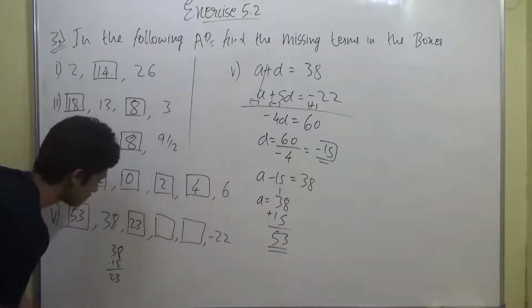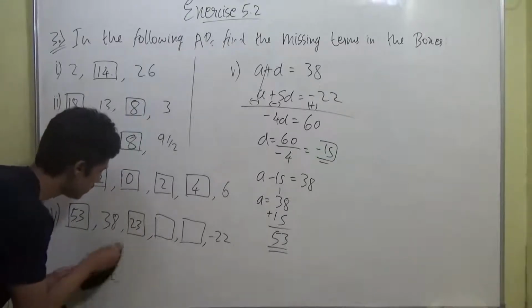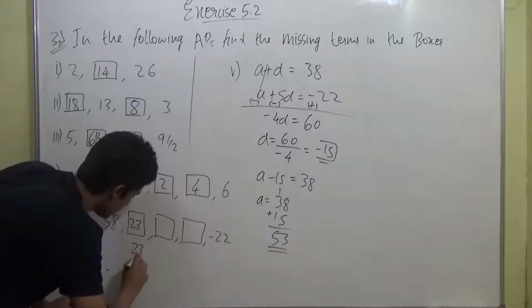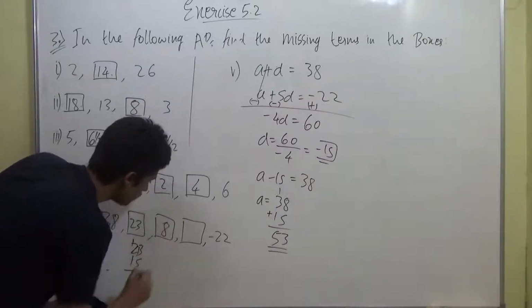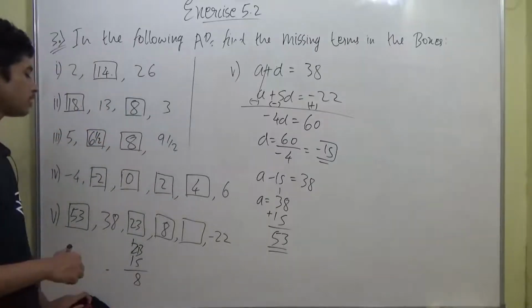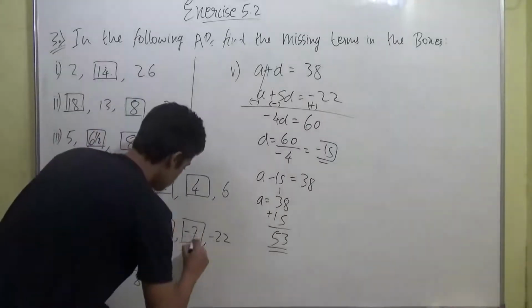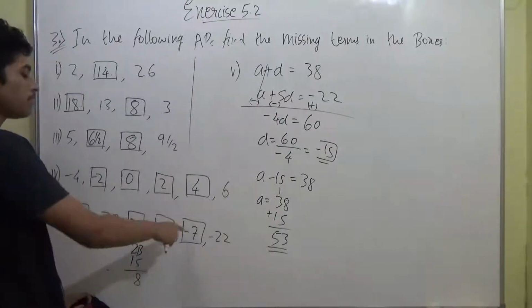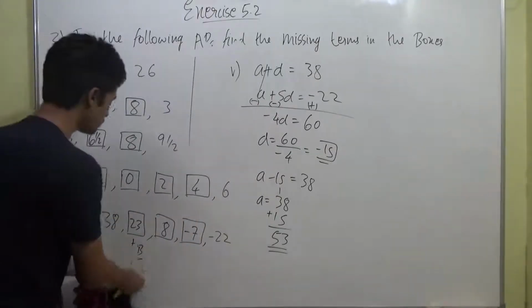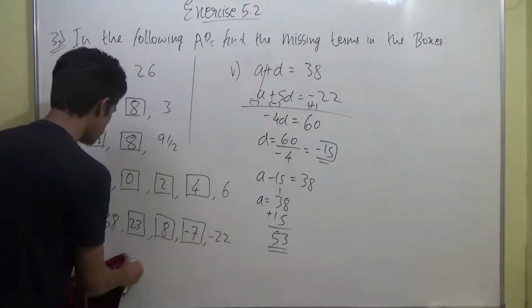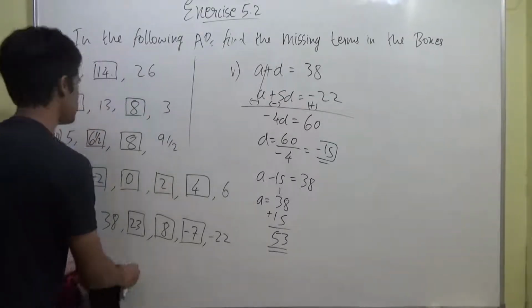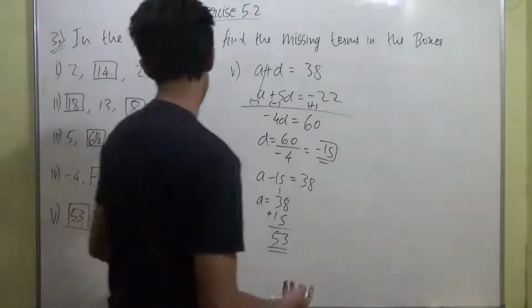Getting it? Right? Now when you subtract 15 from 23, you will get 8. Now when you subtract 15 from 8, you will get minus 7. Now when you subtract 15 from minus 7, you will get minus 22. So it's correct now, guys. So these were your answers of your blank spaces.